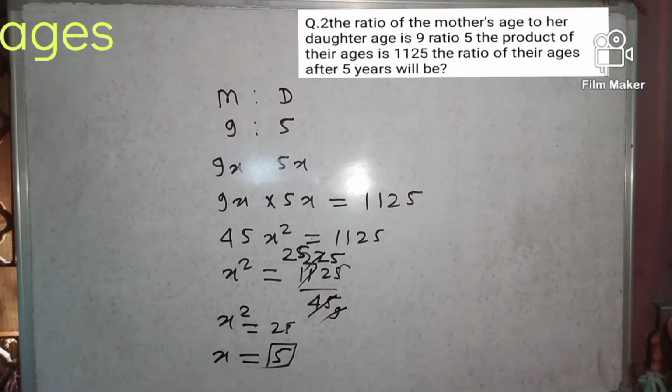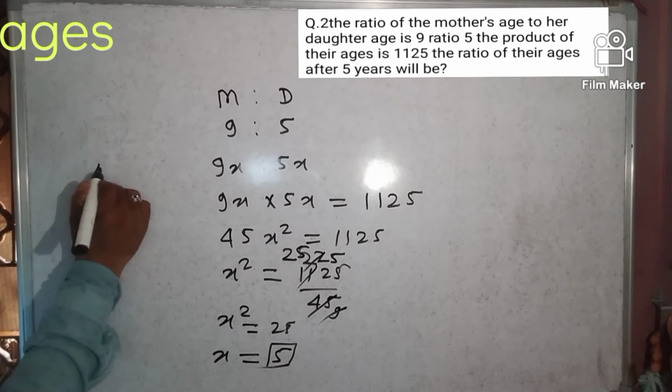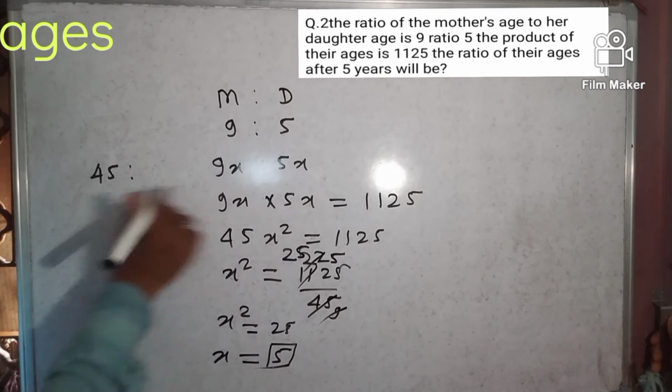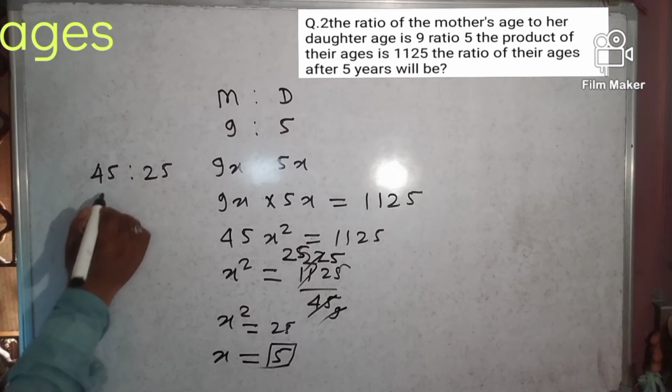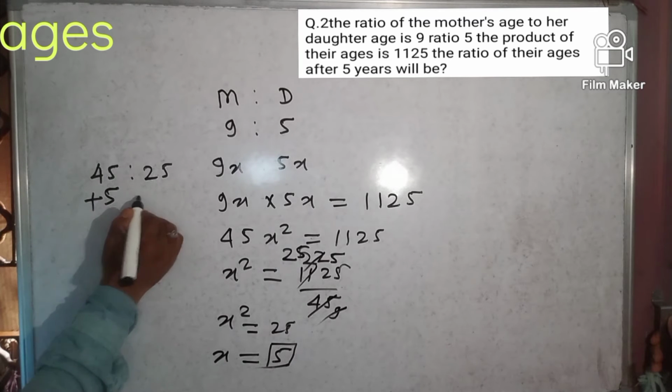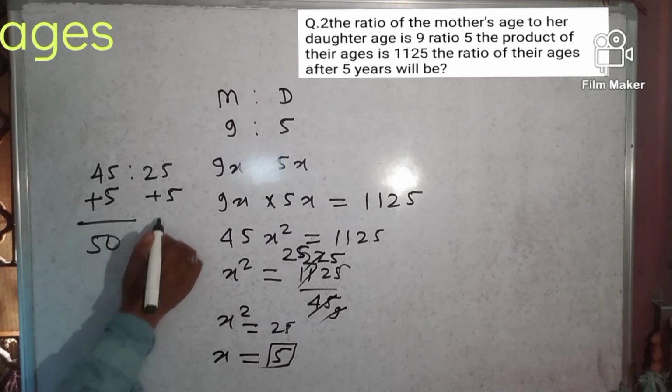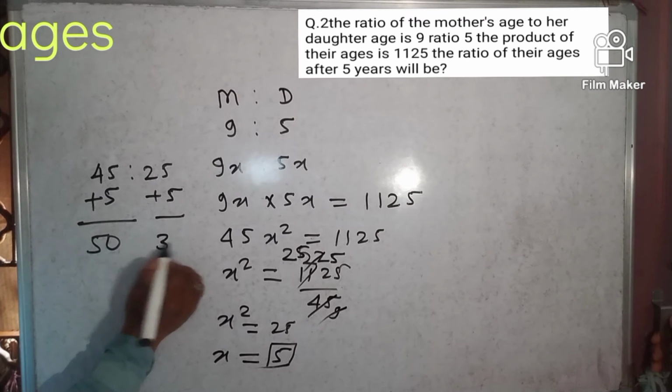Now after 5 years, 9x, 9 into 5 will be 45, and 5 into 5 will be 25. After 5 years, we have to add plus 5, right? So this is 50 and this is 30.